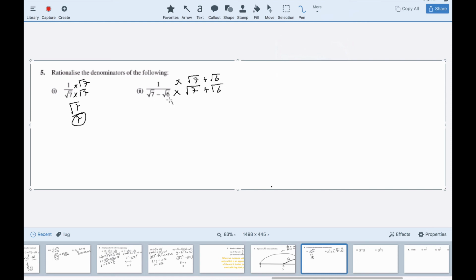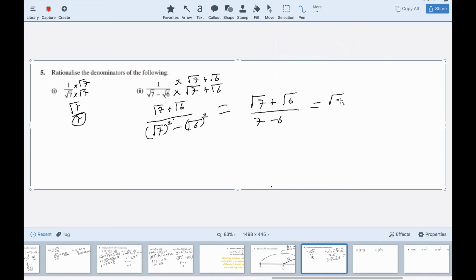Now this becomes the identity a minus b, a plus b, so the numerator becomes this, and the denominator will be root 7 square minus root 6 square. Which gives me root 7 plus root 6 upon 7 minus 6, which is 1. So I get root 7 plus root 6 upon 1, which is a rational number.